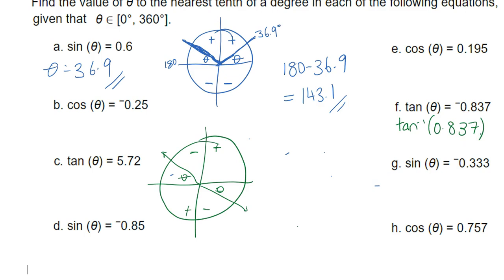So inverse tan of 0.837 is 39.9. We can get this one here by going 180 back, and we can get this one here by going 360 back. So 180 take away 39.9 will give us 140.1.